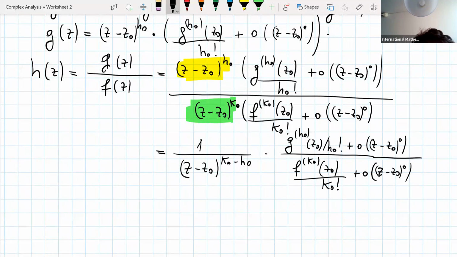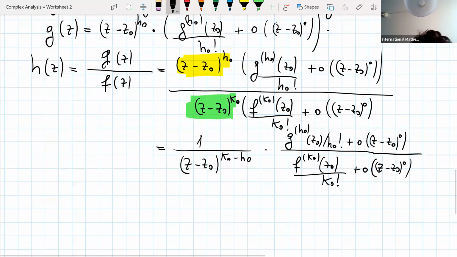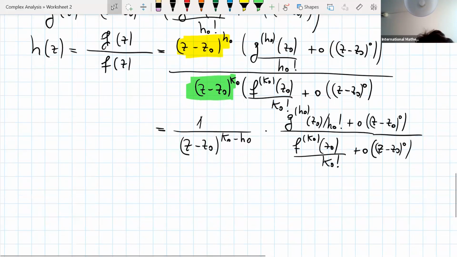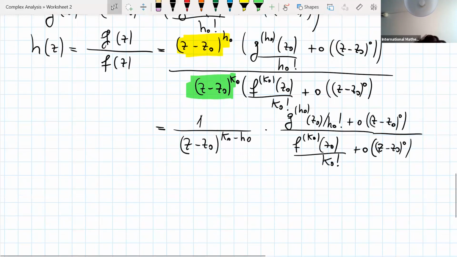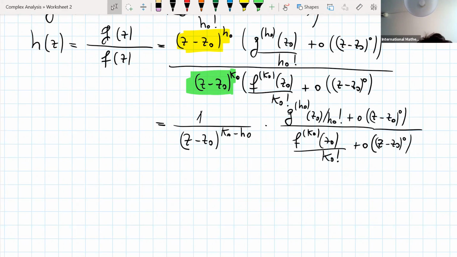Okay, so now from this we see easily what is the nature of the singularity. So you see that if k0 minus h0 is 0 or negative, then the singularity will be removable.